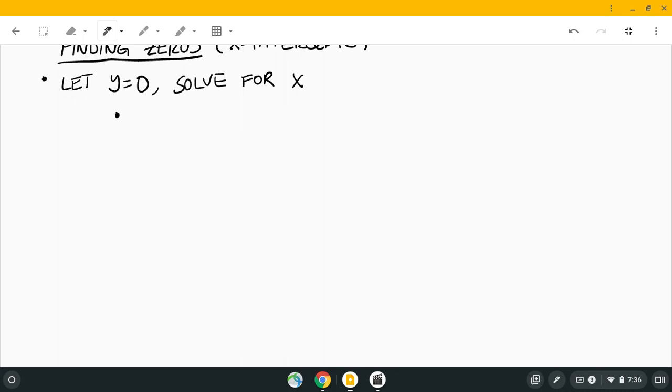So, different ways to solve for x. Maybe you're going to be factoring trinomials. We did a lot of that. Maybe you're going to use quadratic formula.